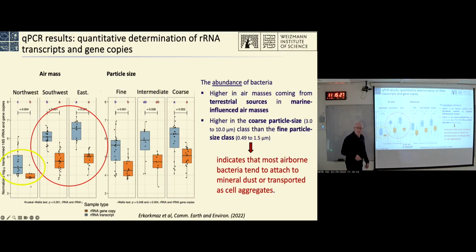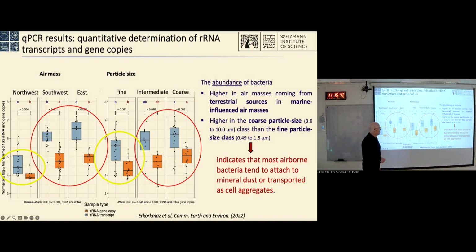And also, we can try to see in which particle size they reside. And we can see that as we go from the fine to the coarse, there is a higher concentration of bacteria.